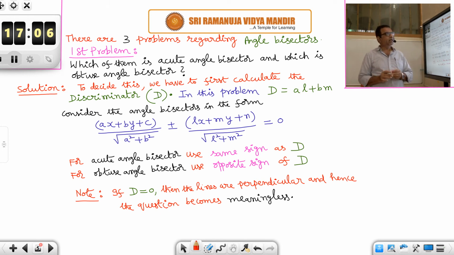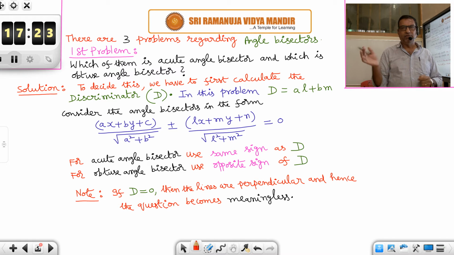One important point here is, for the acute angle bisector, if somebody says we must use the plus sign, then it is wrong. If someone else says that for the acute angle bisector we should use the minus sign, then also it is wrong, because it is not constant. It changes from problem to problem. In one problem, by taking the plus sign you get the acute angle bisector.